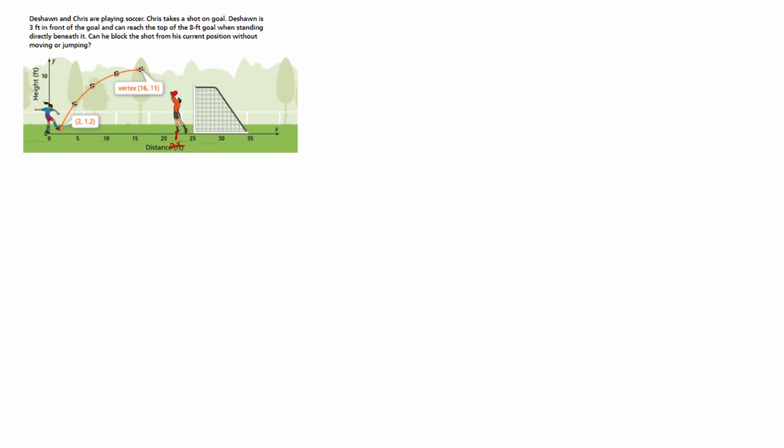So we have the point 22, 8. If the ball, when it goes past 22, if it's bigger than 8, if that y value is bigger than 8, then Deshaun is going to have to jump or move to block it. If it's less than 8, then Deshaun will block it just by standing exactly where he is.